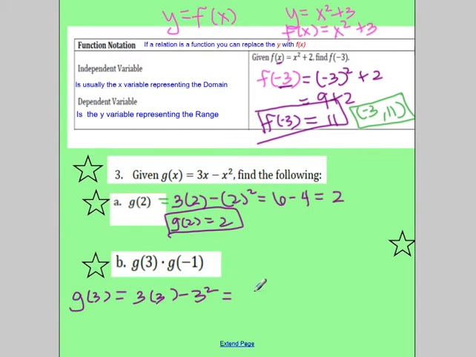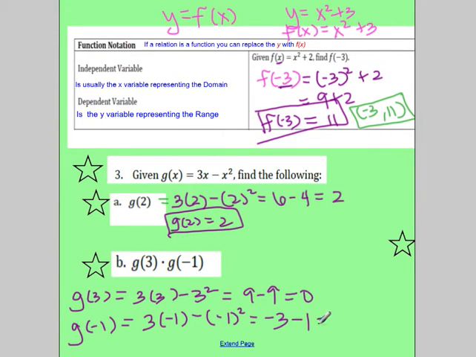So this would give me 9 minus 9, which gives you 0. And then I find g of -1. I would have 3 times -1 minus -1 squared. This will give me -3 minus, well, -1 squared. -1 times -1 is a +1, so it's -1. Negative 3 minus 1 is negative 4.